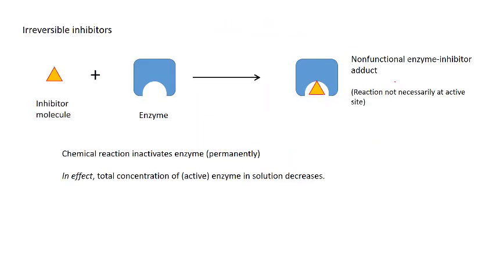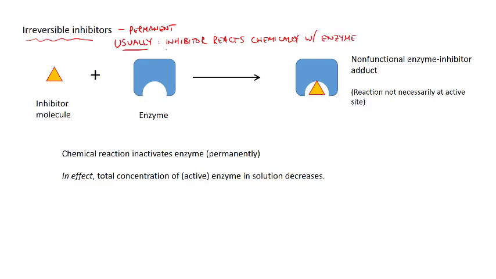We're going to talk about irreversible inhibitors first. So for the purposes of this class, yes, irreversible inhibitors are permanent. And usually, not always, but usually what happens is the inhibitor reacts chemically with the enzyme to form an inactive product.